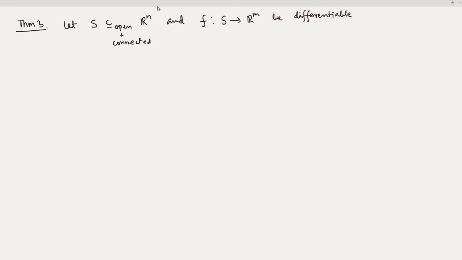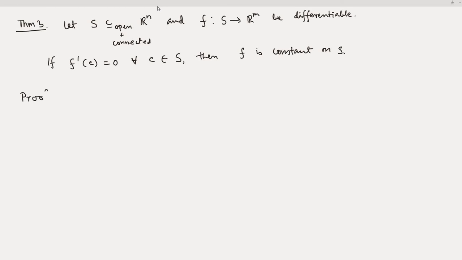Now if f'(c) equals 0 for all c belongs to S, then f is constant on S.